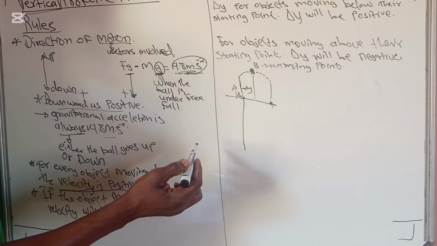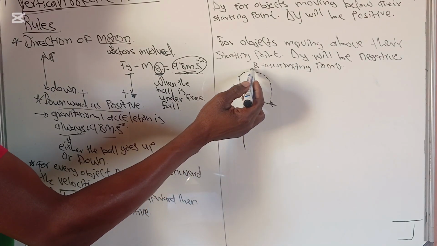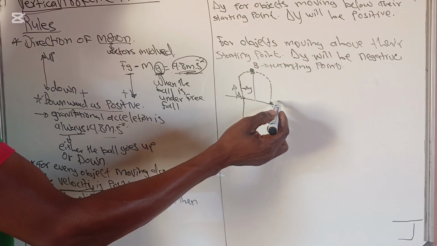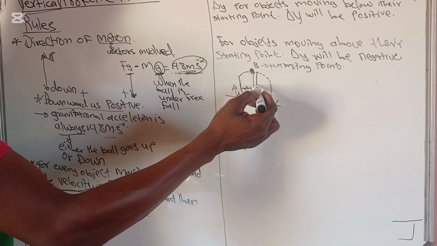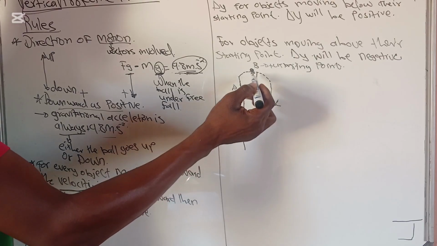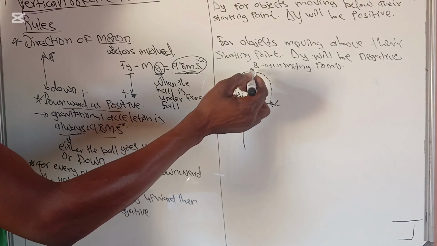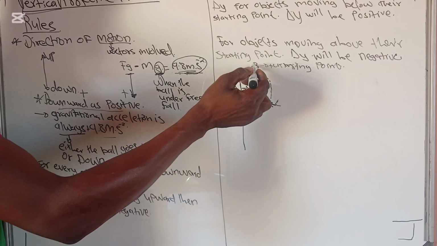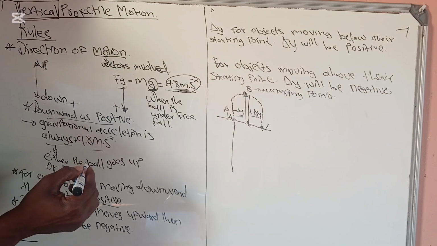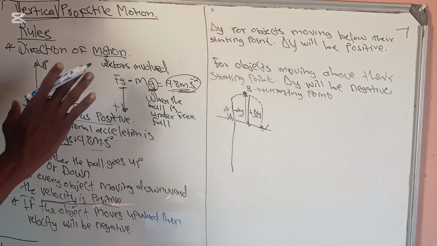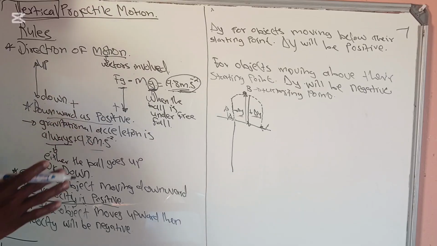Then it takes a turn and starts here again and goes to point C. So when this ball goes there, the ball is going below where it started, because it started a new journey from B. So your change in y is going to be positive. These rules are very, very important.